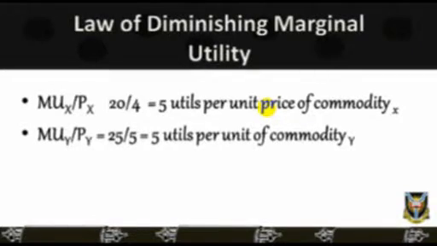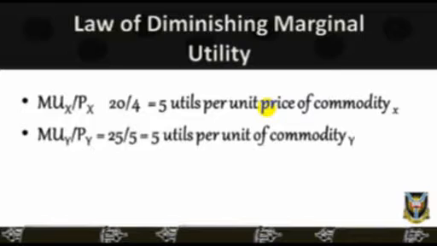Supposing the price of commodity X changes to N2, MUX over PX equals 20 over 2 equals 10 utils per unit of commodity X. The consumer will buy more of X, thus connoting more satisfaction.